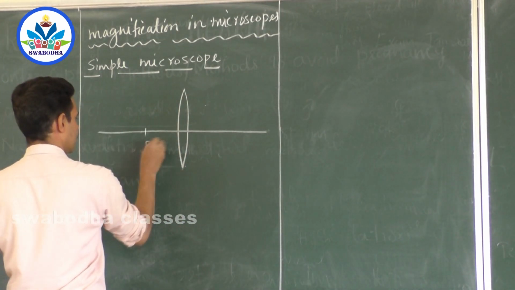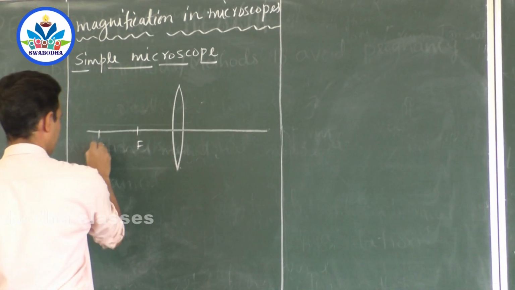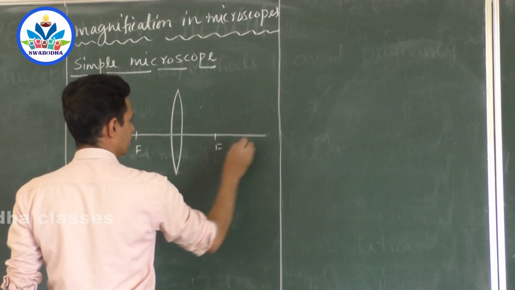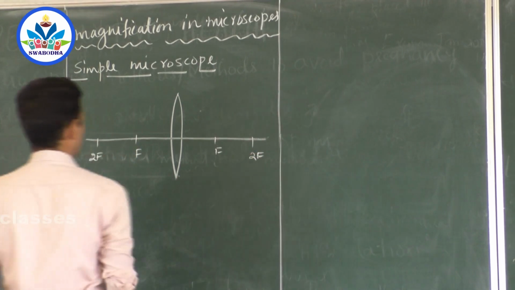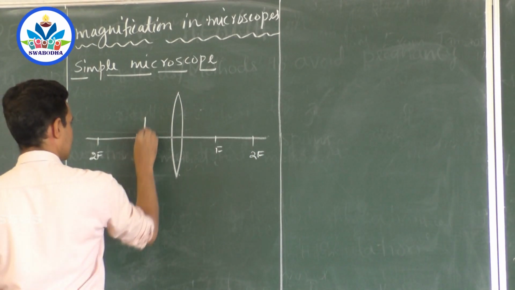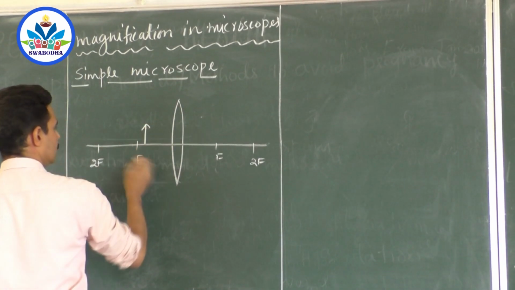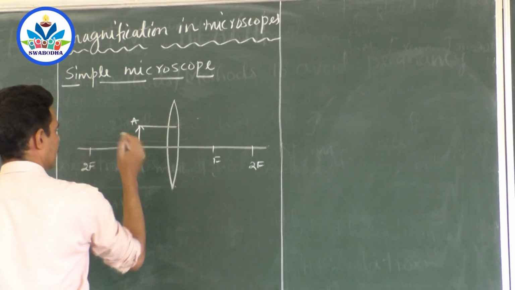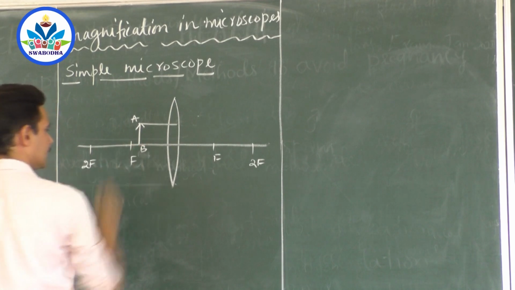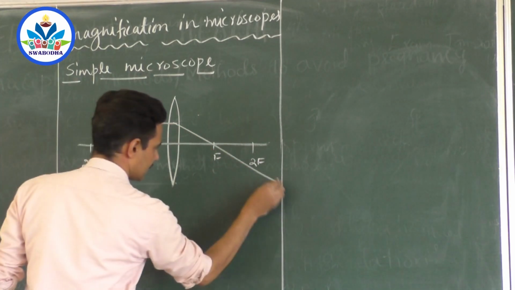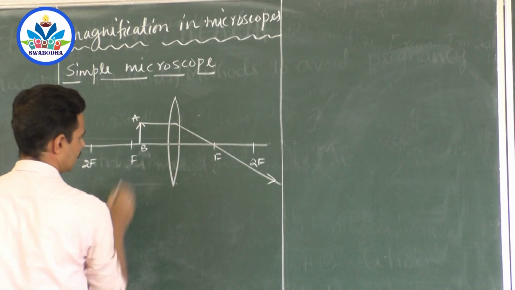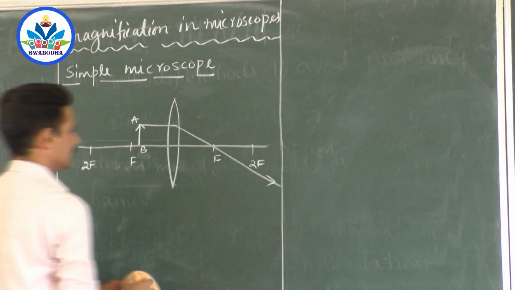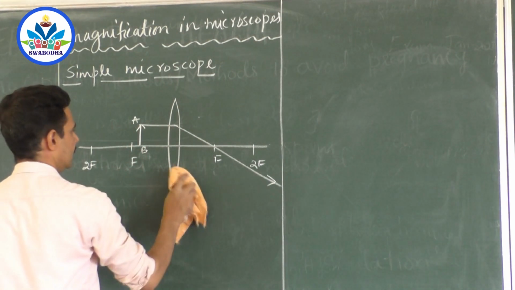Suppose this is the first focus, and this is the other focus, and this is F, and this is 2F. And if you keep an object within the focus, then two rays of light you have to consider. From the same point A, one passes through the focus, and another ray passes through the optic center, that is the geometric center of the lens.